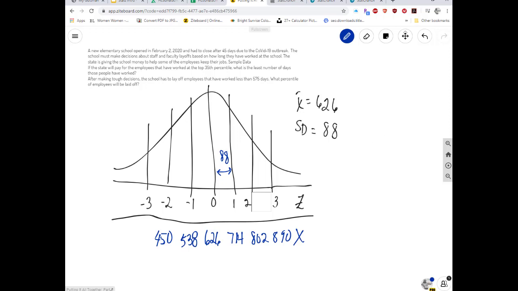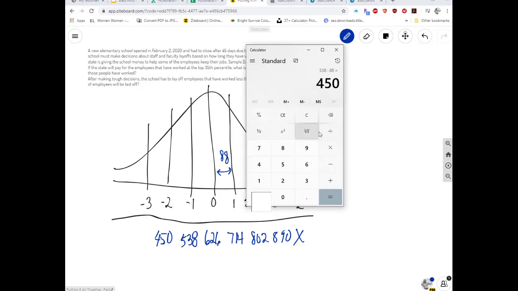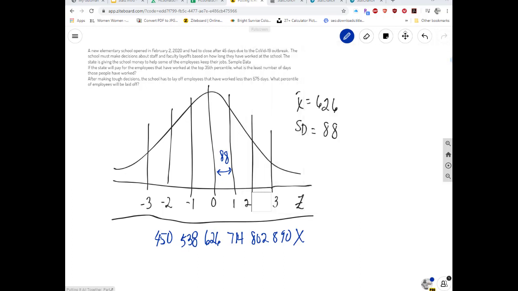And minus 88 one more time. 362. Okay, so I've got my corresponding raw scores.